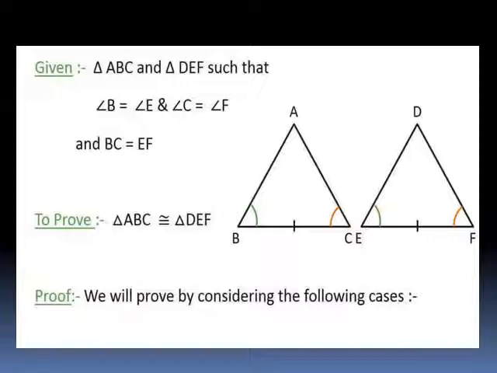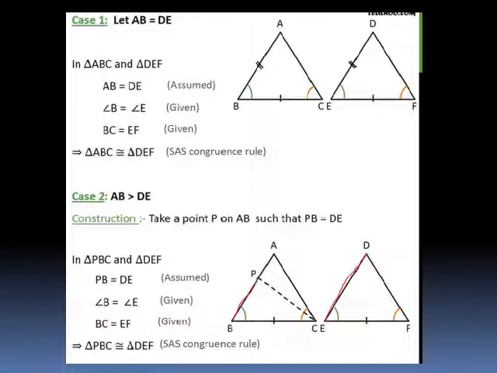The cases are simple, based on the common knowledge of maths: when we have two things to compare, AB and DE, there can be 3 cases. One is AB equals DE, second is AB is greater than DE, and third is AB is less than DE.